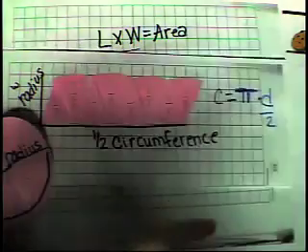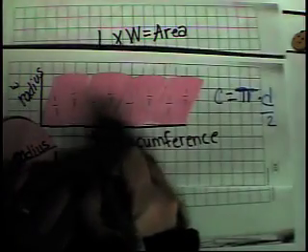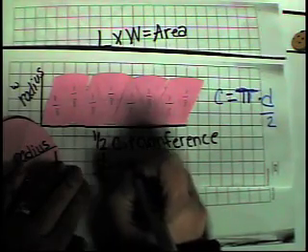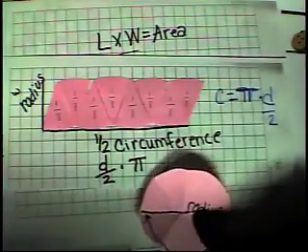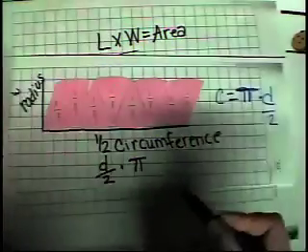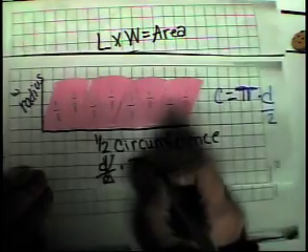So this is really the diameter divided by 2 times pi. And what did we just see that the diameter divided by 2 actually is? Oh, that's the radius. It's the radius times pi.